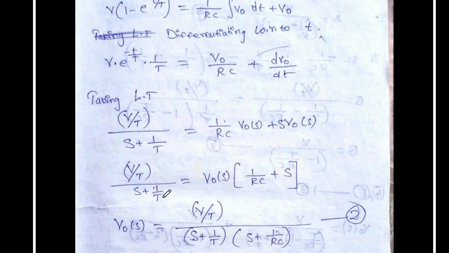Therefore, V by T whole by S plus 1 by T is equal to, here V naught of S is available, take V naught of S as common. Therefore, V naught of S into 1 by RC plus S. Therefore, V naught of S is equal to V by T whole by S plus 1 by T into S plus 1 by RC.